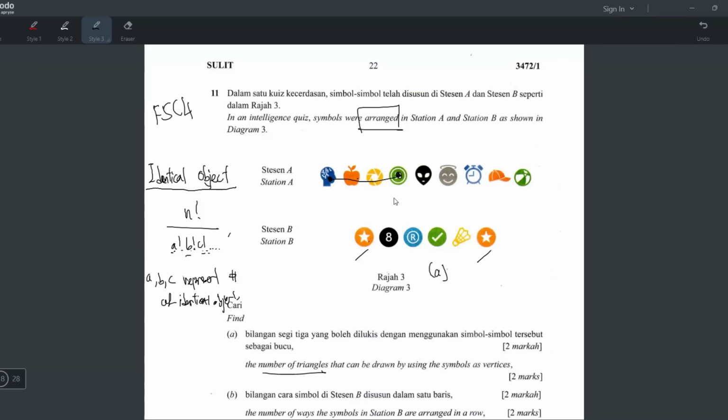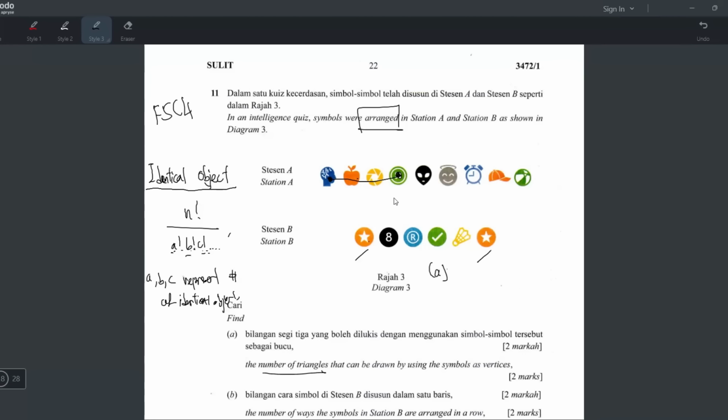So ada 1, 2, 3, 4, 5, 6, 7, 8, 9. So out of 9 bucu, you will choose 2 bucu to join in station A. And then station B, 1, 2, 3, 4, 5, 6, 6 bucu, you choose 1 je untuk join. And then darab lah. Tapi, wait.